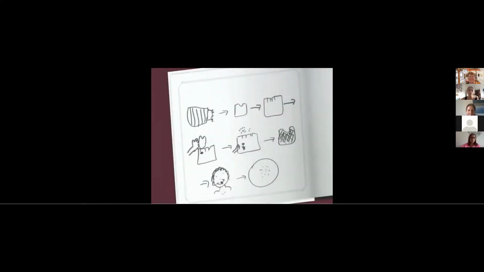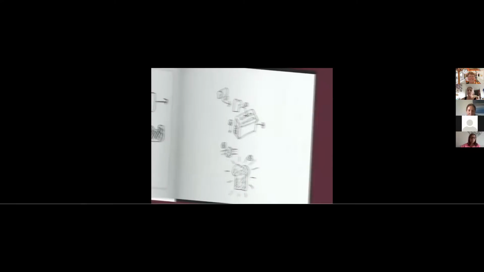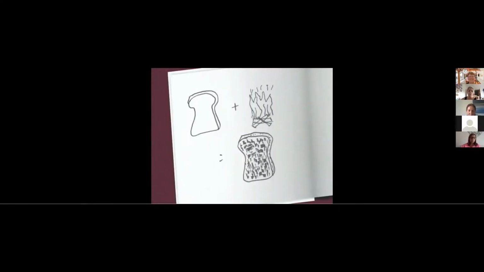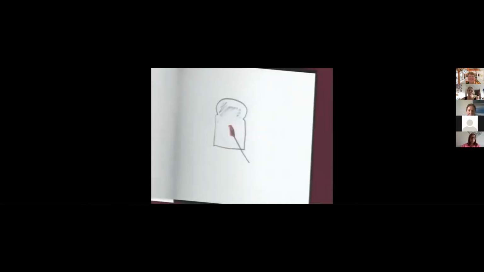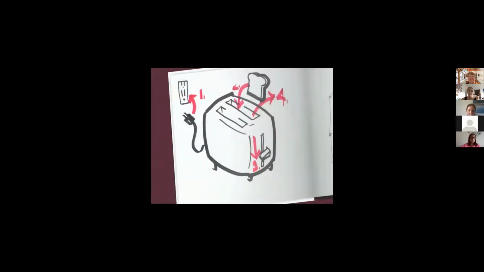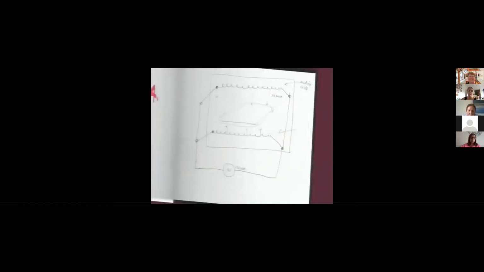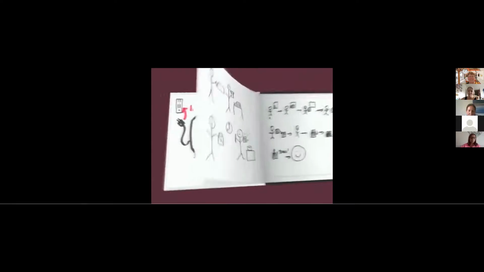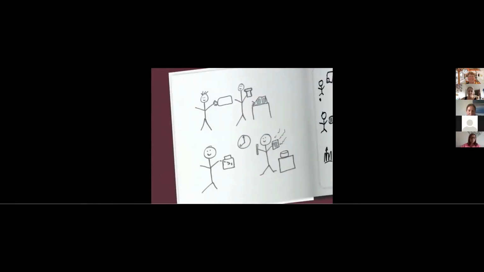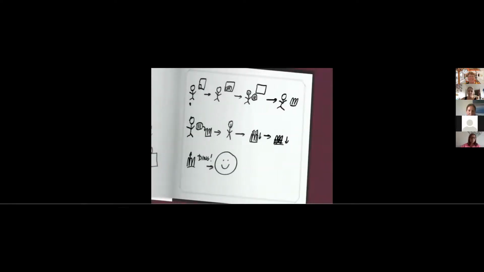Under close inspection, some reveal some aspects of toast making while hiding others. So there's some that's all about the toast, right? And there's all about the transformation of toast. And there's others that are all about the toaster, okay? And the engineers love to draw the mechanics of this. And then there are others that are about people. You know, it's about visualizing the experience that people have.